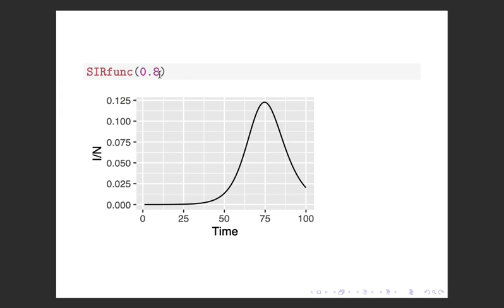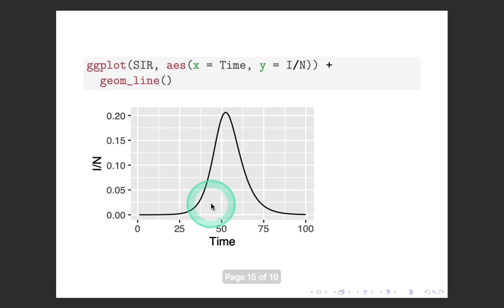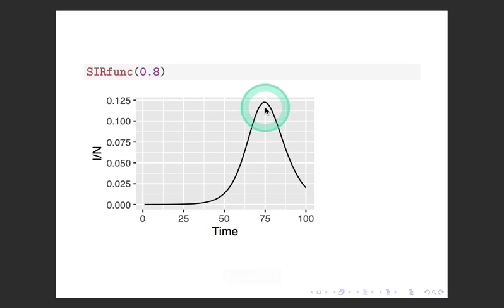Suppose the beta is reduced by 80%, then the resulting curve is like this. You can see the peak is coming at about 75. So the peak is delayed, and also there is a lower peak. This is 0.20 at about 50, and here it's 0.12 at about 75.